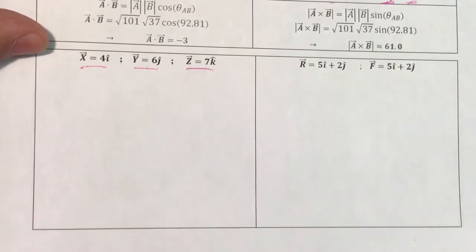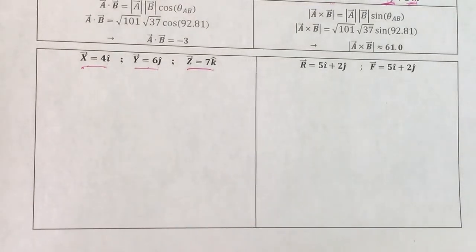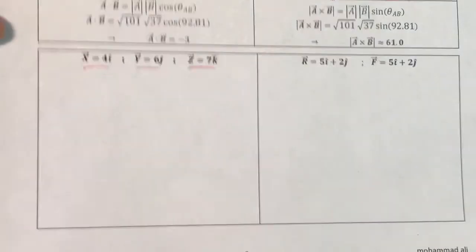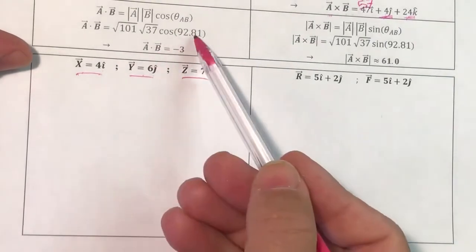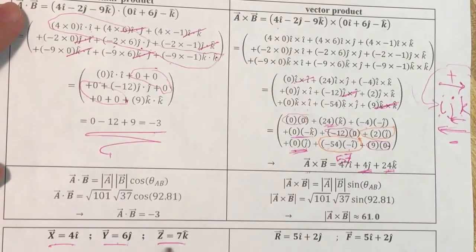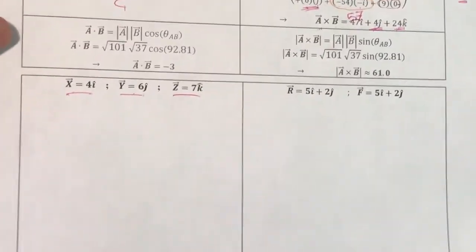J dot k is 0. That means they are perpendicular to each other. The angle between each vector and the other is 90 degrees. You can find the angle between these vectors using this process, and the angle is 90.